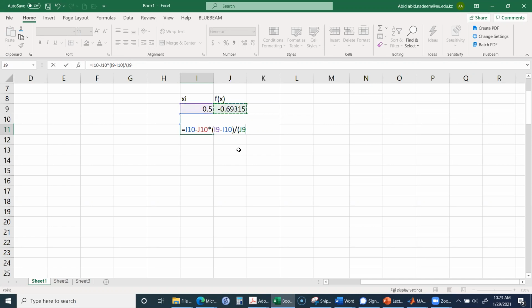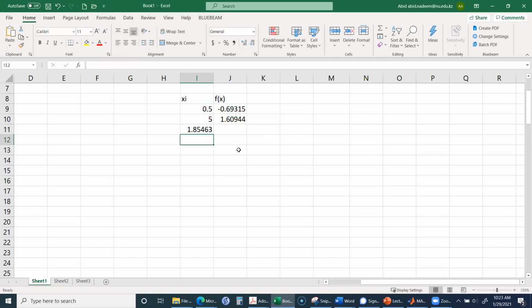So I will take the function xl first and minus function xu first. Somehow my Excel hides these values when I am taking it, so you have to be careful. So in this case, what I get is 1.85463.